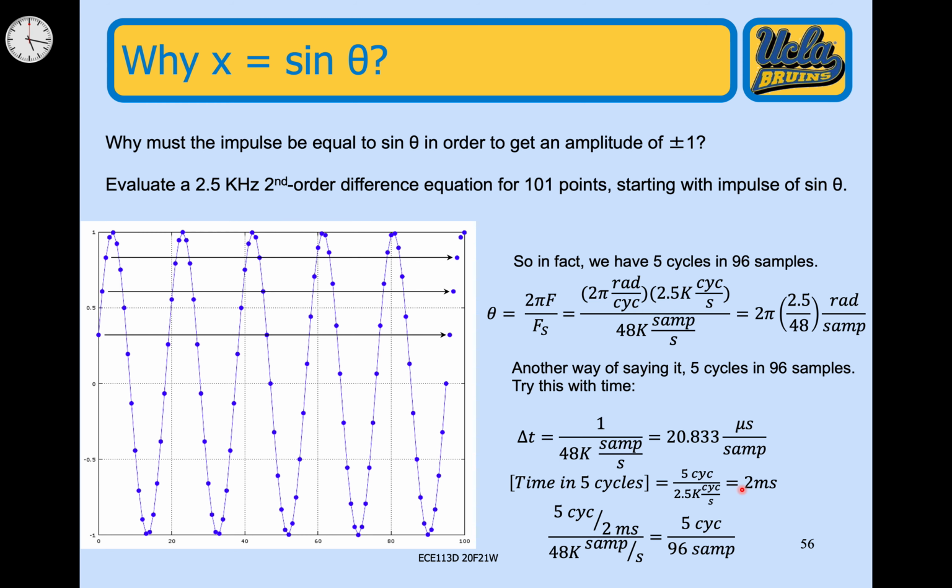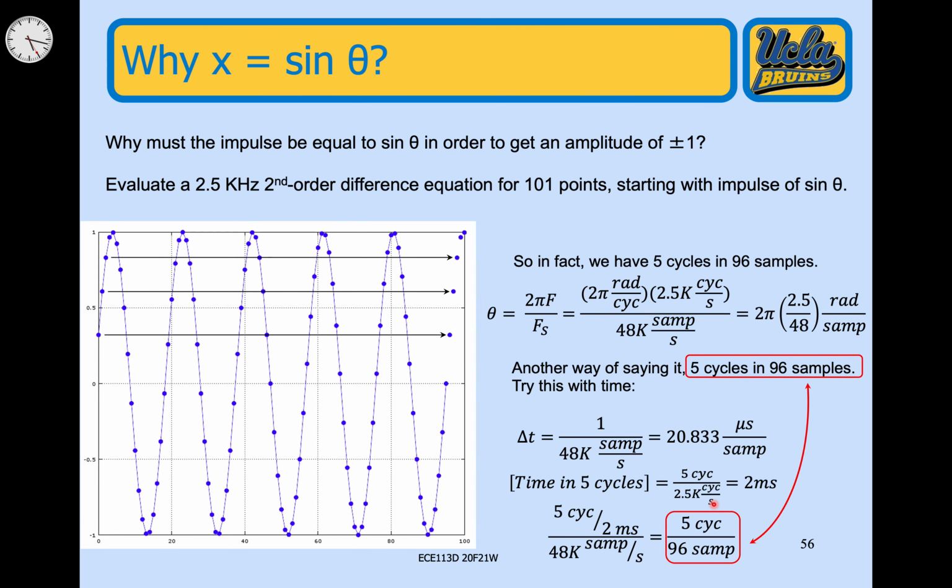The cycles cancel, you're left with seconds. The k is in the denominator, so that gives you milliseconds. You've worked it out this way with more dimensional analysis, and you get the same answer, 5 cycles in 96 samples. So that part is working correctly.